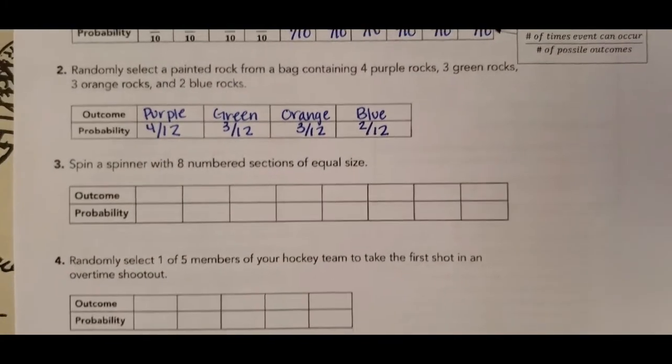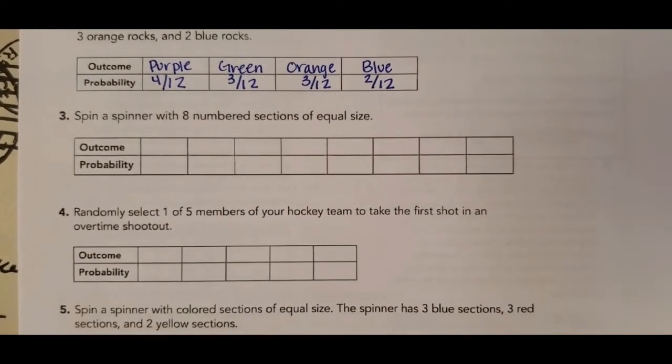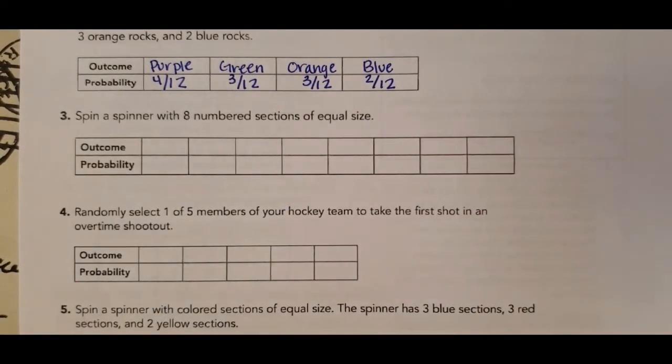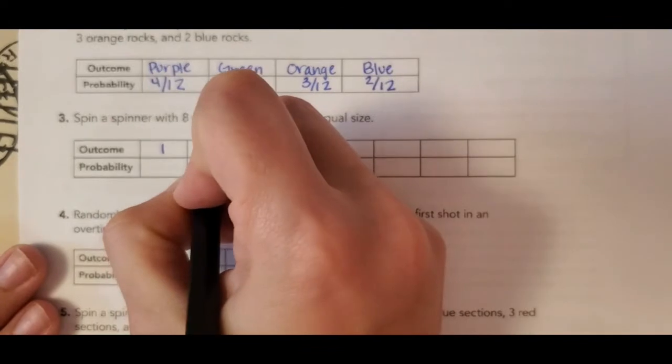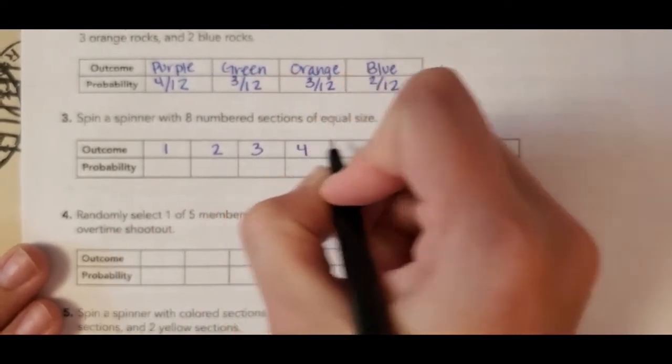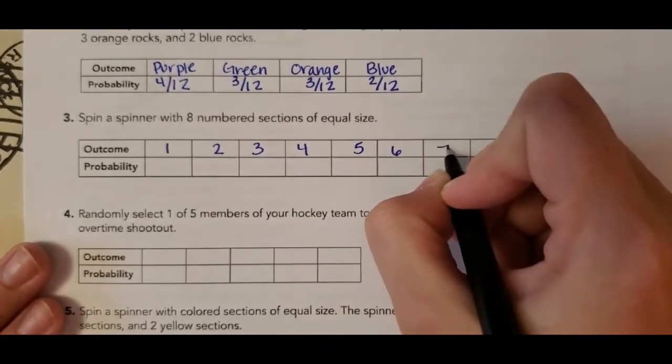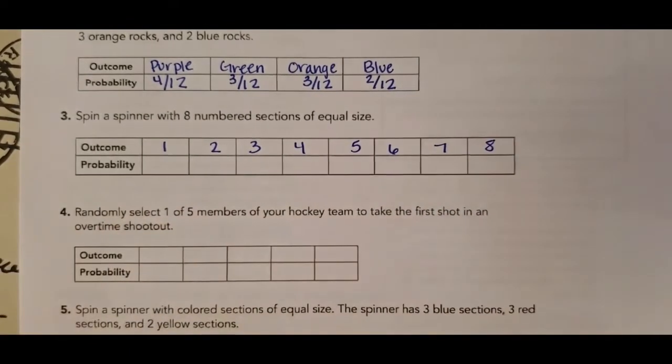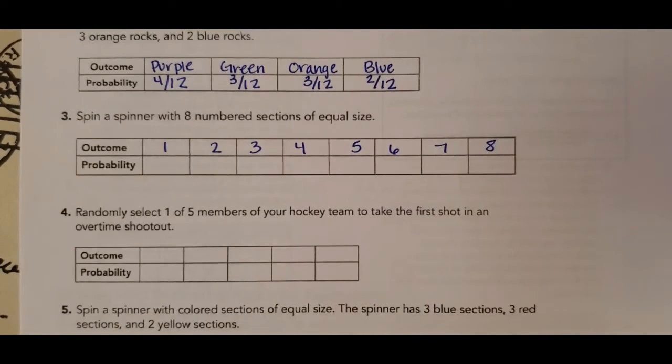Number 3, spin a spinner with 8 numbered sections of equal size. So there are 8 sections numbered. So that's 1, 2, 3, 4, 5, 6, 7, 8. So this is kind of like the numbered die that we just talked about.